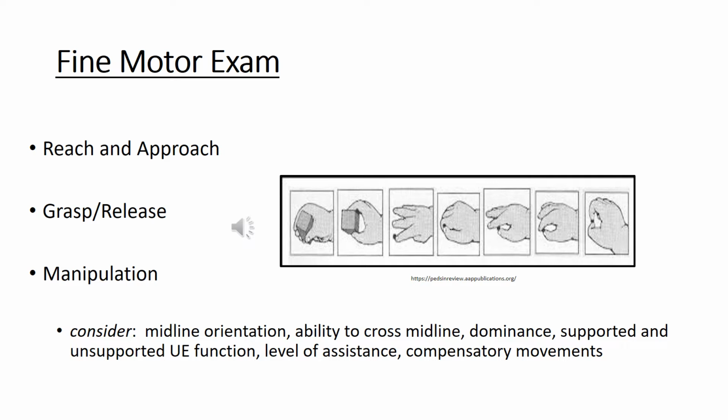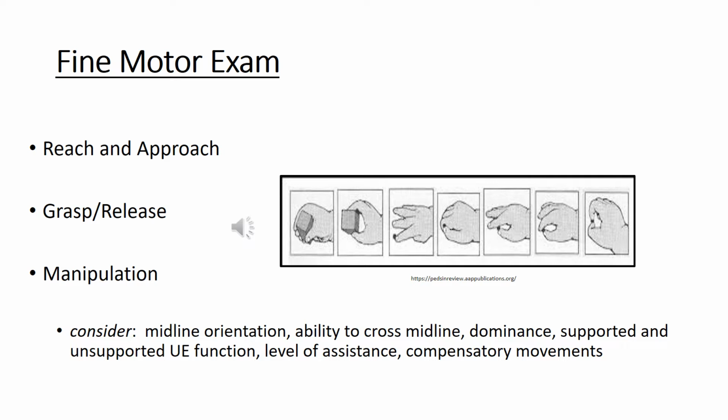Another reason why it's really important to be able to understand the fine motor development of a child is that you may be the only related service provider seeing that child. So if physical therapy is the only one in the home and the child is presenting with a fine motor delay, you need to be able to pick up on that so that you can then make the appropriate referral for an occupational therapy evaluation.